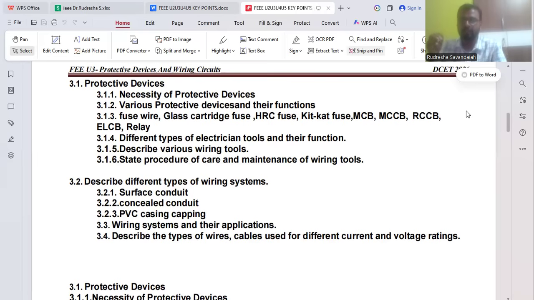Describe the various wiring tools, and state the procedure of care and maintenance of wiring tools. Discuss the different types of wiring systems: surface conduit, concealed conduit, PVC casing and capping wiring systems, and their applications. Describe the types of wires and cables used for different current and voltage ratings.